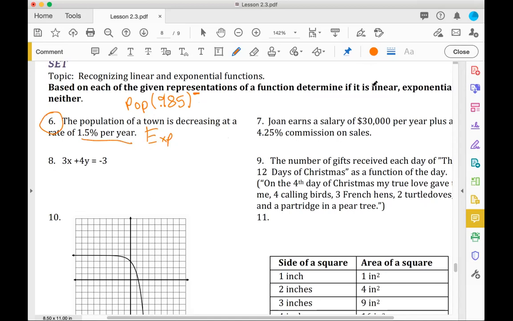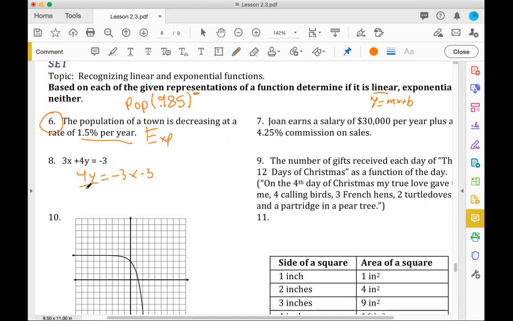If it's linear, we can take it to y equals mx plus b form, and we only have a single x. We don't have x squared or anything like that. So if you wanted to rearrange this, you could. You could say it's 4y equals negative 3x minus 3.